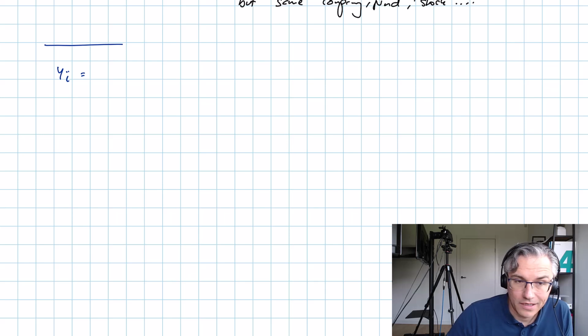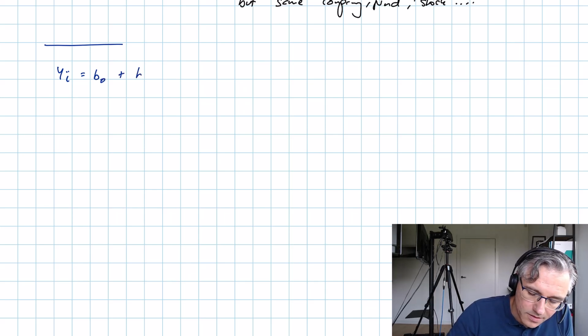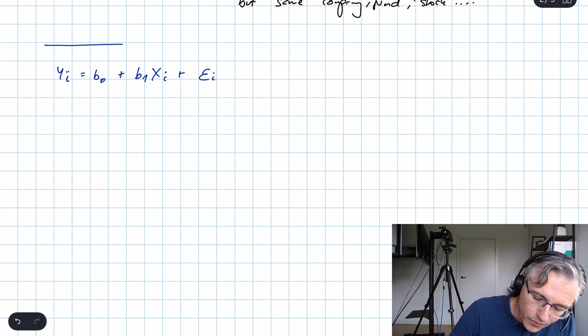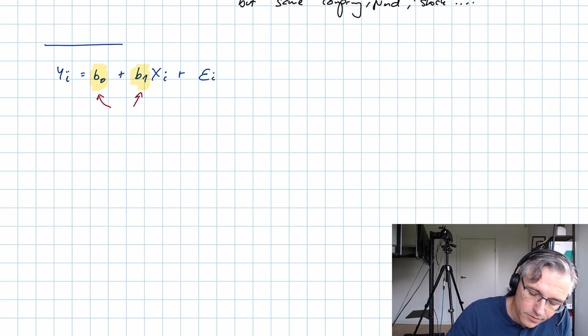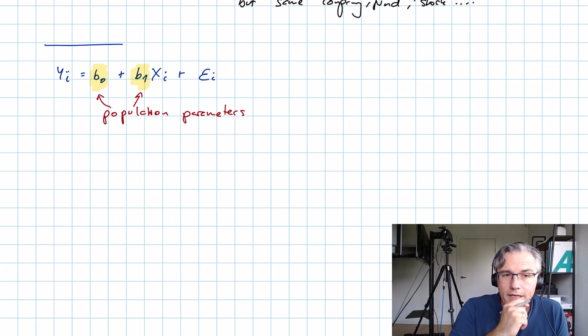The y value for a certain pair of x and y is going to be given by the intercept plus the slope multiplied by the x value, and there was an error term as well. Now, very importantly, these b0 and b1 values were supposed to be the population parameters. The linear regression coefficients as would be computed for the entire population.